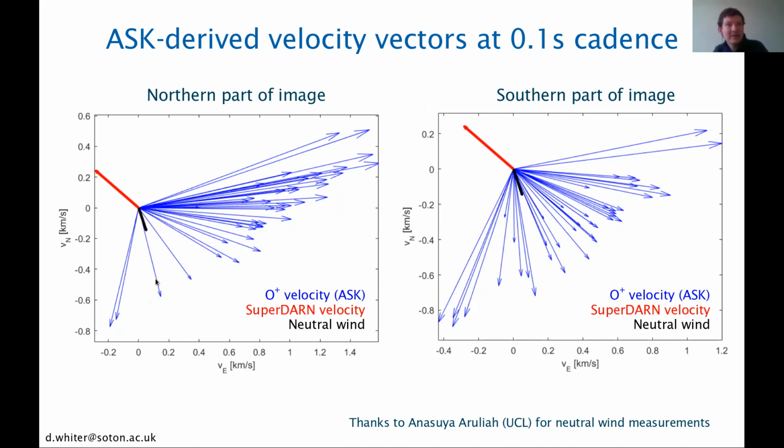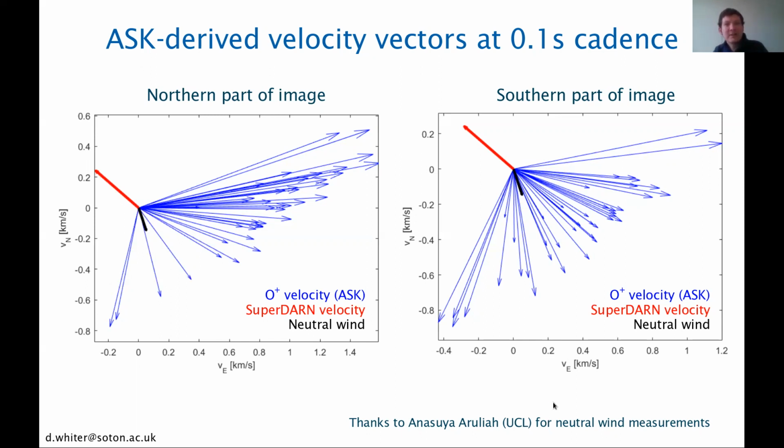So the blue lines are the O+ ion velocity at different times over that, I think it was 4-second period. And the red is the velocity which we retrieve from SuperDARN over ARSC at the same time. That's averaged over a much longer time scale, but within that SuperDARN time interval, those are some of the velocity vectors we get.